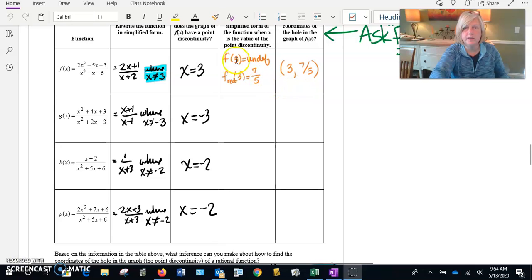So as you can see, even though f of 3 is undefined, by plugging 3 into this reduced version, we get this 7/5, which is not the value of the function, but it does tell us the location, or the y-coordinate, of the hole. And so that was this idea of where I said, ask Fred because he knows everything.